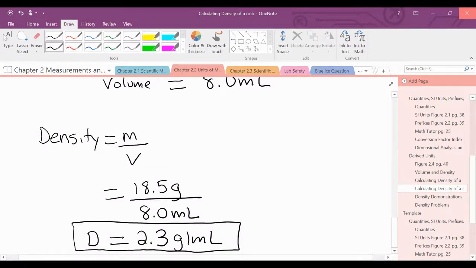The grams per milliliter, because I used a graduated cylinder to find the volume. And so the next lesson we have will be doing density problems. That'll either be a video if you're remote or an in-person lesson.